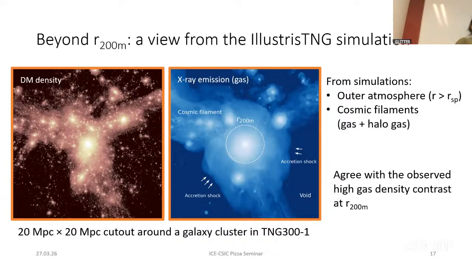On the left is the projected dark matter density, and on the right is the actual emission projected, tracing the gas. You see really different pictures. On the left, the sharp edge traces the splashback of the dark matter halo. And on the right, outside the splashback, there's a shell of gas. So locally, these regions are gas rich and dark matter poor.